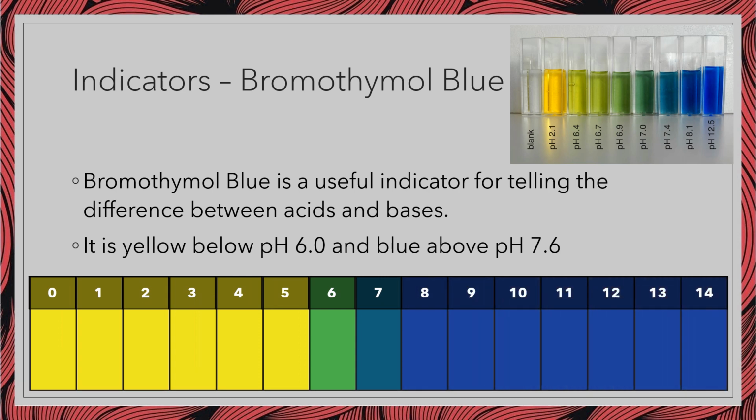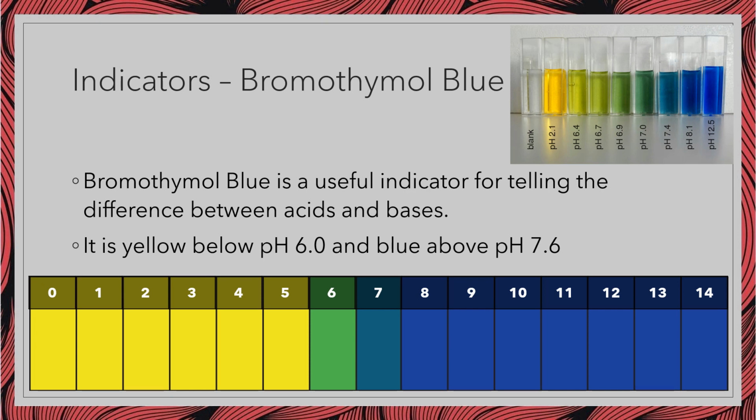We have bromothymol blue. You can see that diagram up in the top corner, how gradually it does change from 6.4 to 8.1. So it's not a very sudden change like some others, but it does change rather quickly. It's very useful for telling the difference between acids and bases.